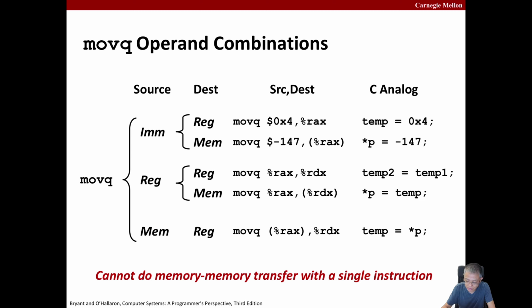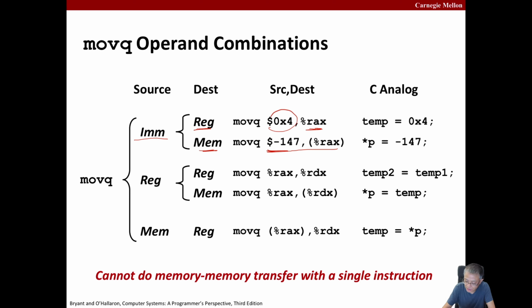So here we have some simple examples. You can do immediate, registers, and memory. For example, this sets RAX to 4, right? Here is another example. You can move this number to the memory pointed to by the RAX register.